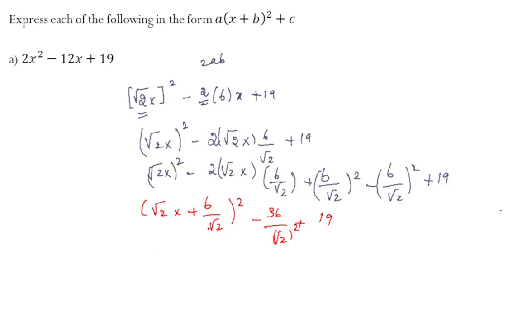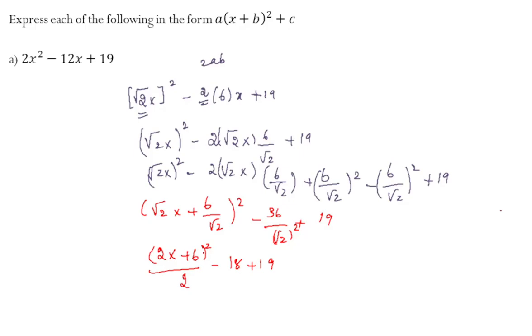Then we can write root 2 on that side to get (2x plus 6) the whole square over root 2 squared, which is 2. Okay, 36 by 2 is 18, plus 19.